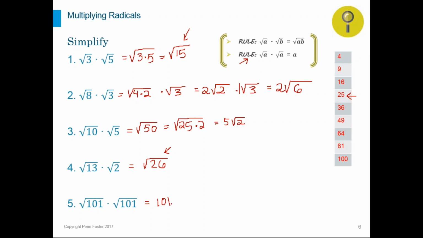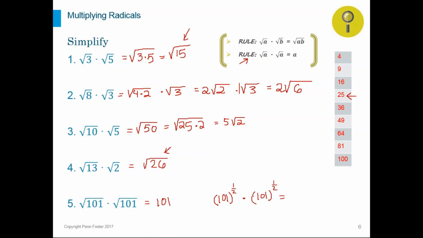And if you want to know why we end up with that answer, remember in the previous webinar, the first or the second, if I'm not mistaken, we said that the square root is actually an exponent of a half. So 101 to the half exponent, or 1 over 2 exponent, times 101 to the half power.